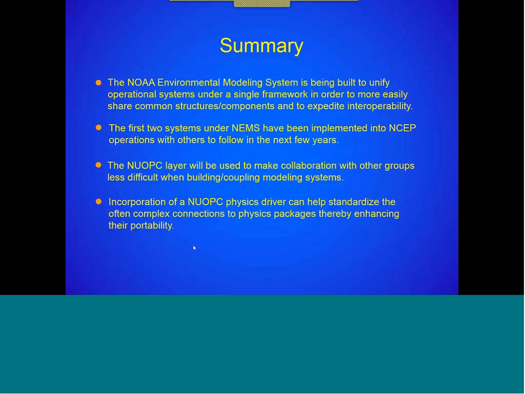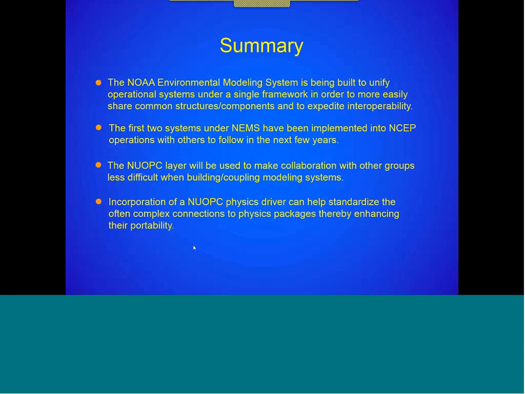So in summary, we are building this NEMS, and maybe we'll never finish building it. It's a continuous upgrade process to unify the operational systems under a single framework, so we can share common structures that we don't need to reinvent each time, and that would help expedite interoperability.